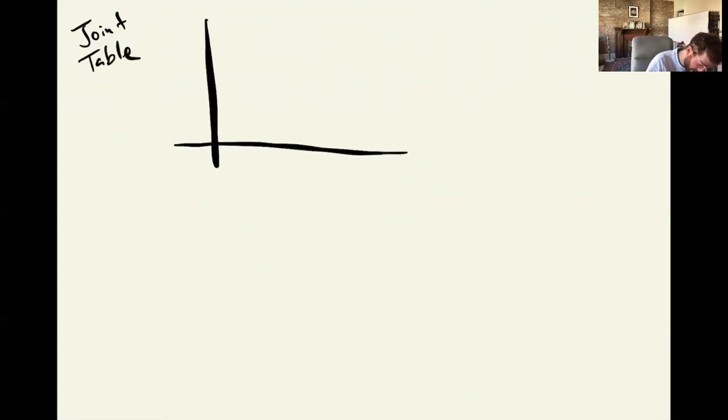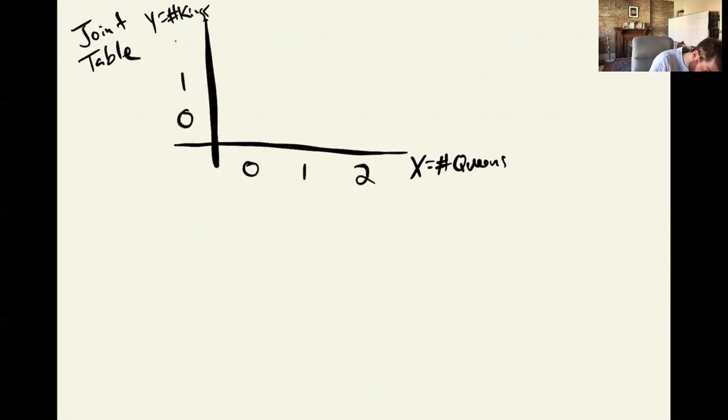I've got X being my number of queens, and Y being my number of kings, and 0, 1, and 2 are possible values for each one of these.